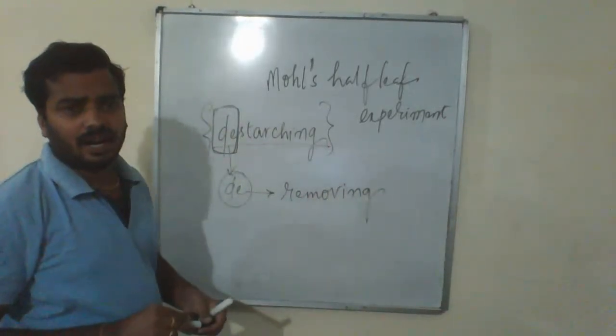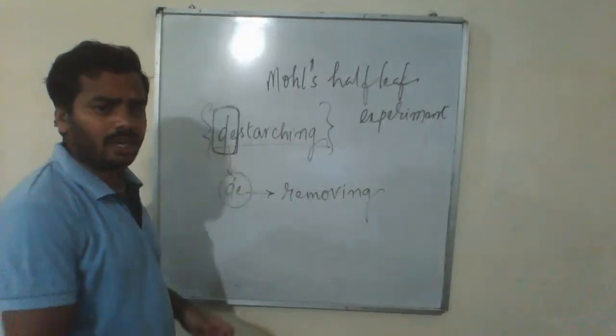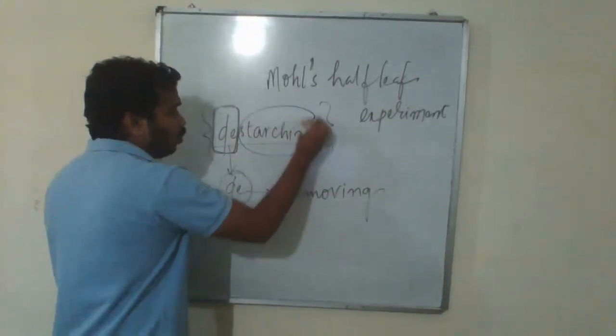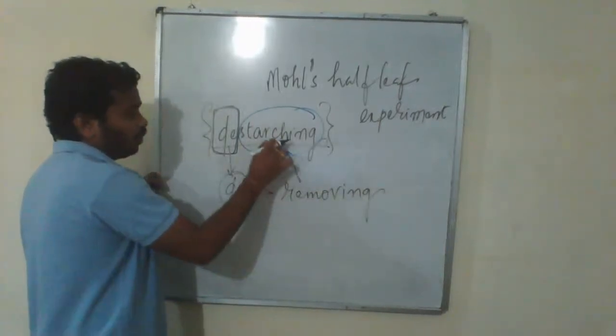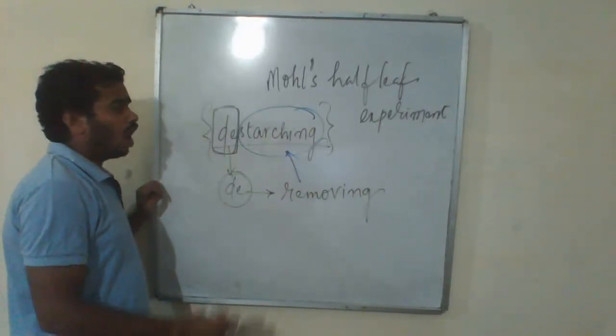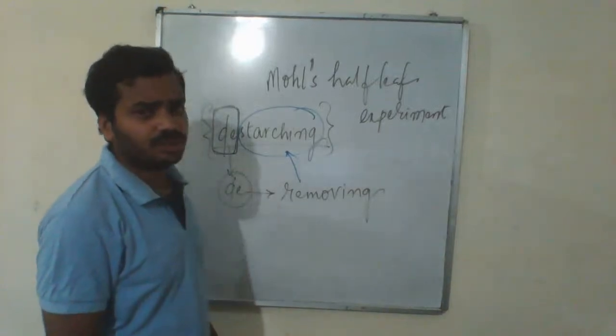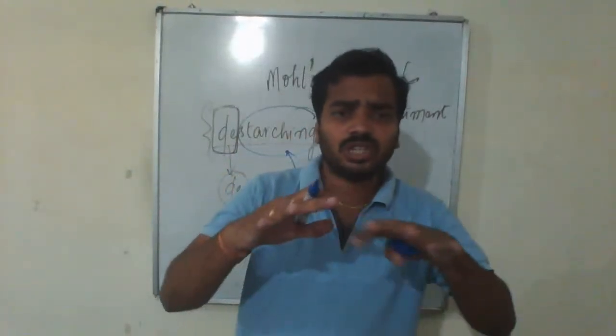So what do you mean by destarching? Removing the starch. How exactly can you remove the starch from the leaf? First of all, you have to remove starch from the leaf.